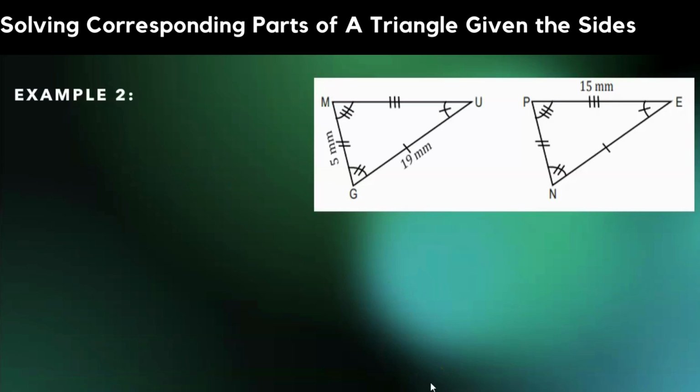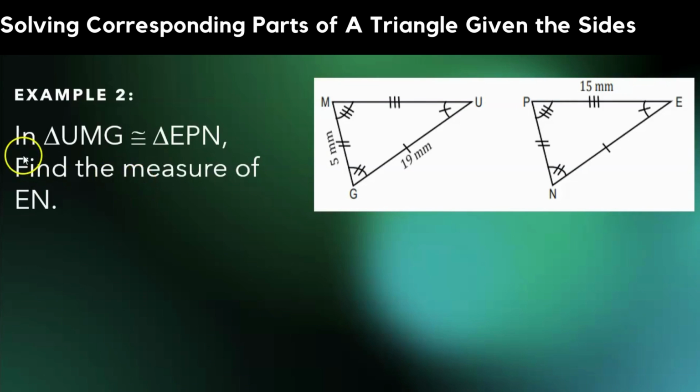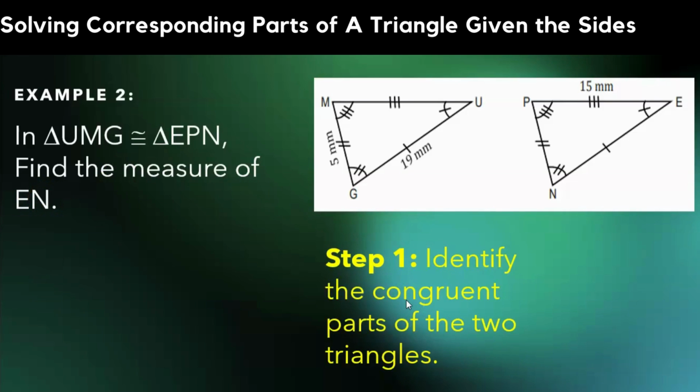Next, let's have example number 2. In example number 2, same given. We have triangle UMG congruent to triangle EPM, and we are going to find the measure of EN. Same process. We need to identify the congruent parts of the 2 triangles.